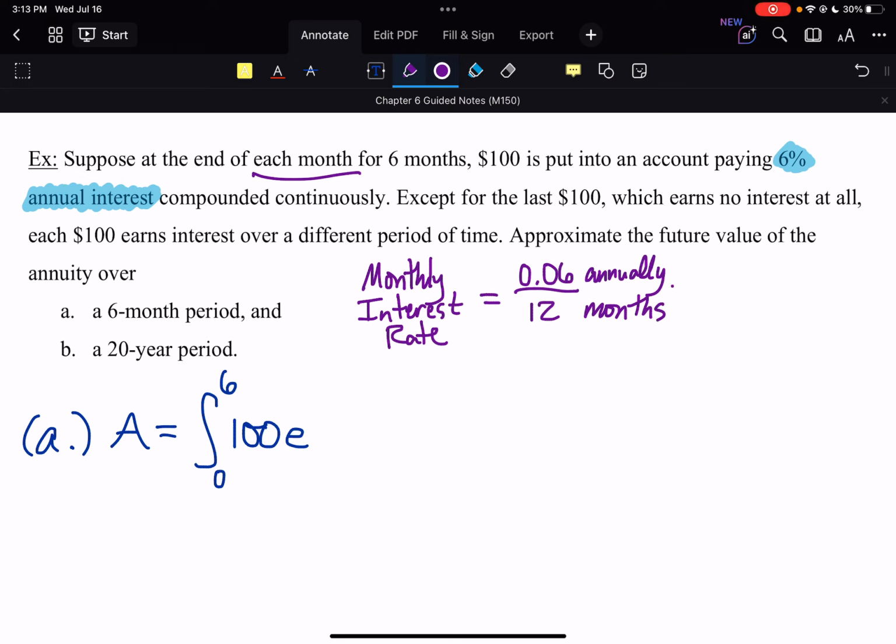And that's going to give us 0.005. So that works out to 0.5% every month. Okay, so instead of this being 0.06 up here, it's going to be 0.005 times t dt.